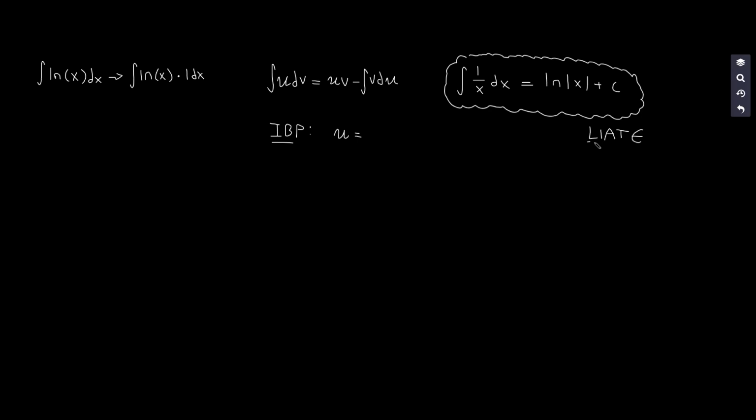The first thing in LIATE is logarithm, and we have a logarithm. So we're going to assign u to be the natural logarithm of x. And the derivative of the natural logarithm is 1 over x.